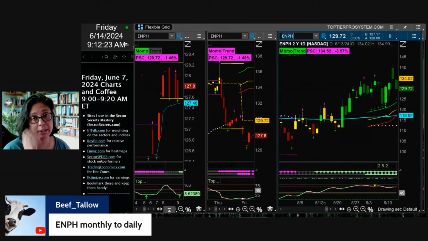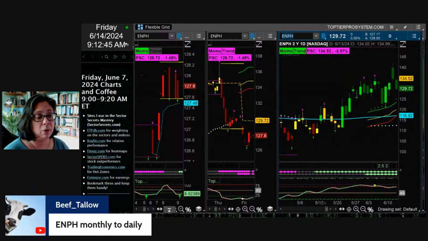We have some weekly positions that we bought in the Sector Secrets Mastery nearly 2 years ago, and some of those are still open, for example XLK. But those are really portfolio position entries where I'm looking to hold them for years, if not a minimum of about 6 months.